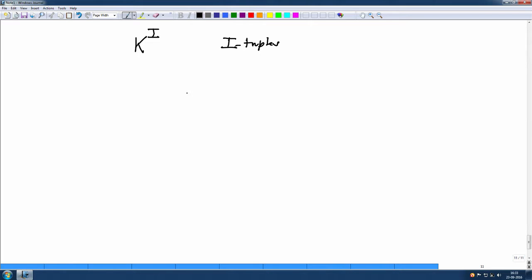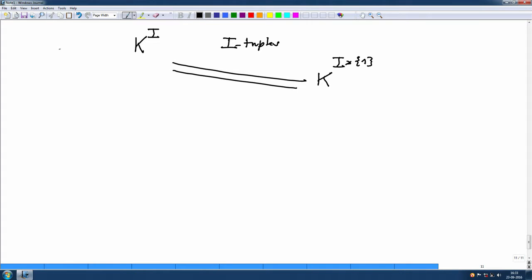But then I want to consider them as columns. So, instead of writing this, I would prefer to write it as k power I cross singleton 1. So, it will be the column.